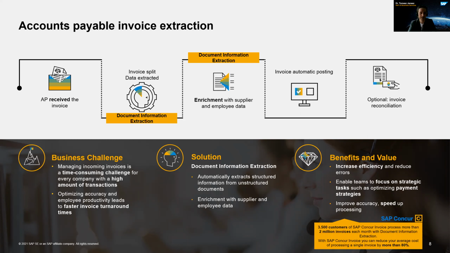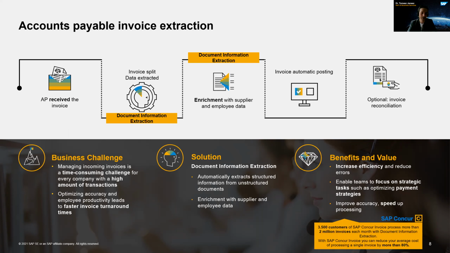As regards the benefits, applying document information extraction to this process leads to higher accuracy, optimized productivity of employees, and better operational efficiency in terms of reduced costs of the process, as well as a lower rate of errors. Exactly, this scenario is supported in SAP Concur Invoice. SAP Concur Invoice is a standard business application for accounts payable.